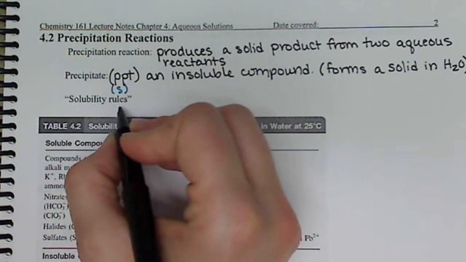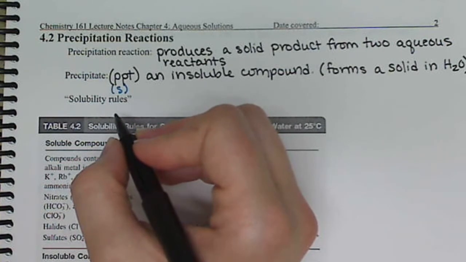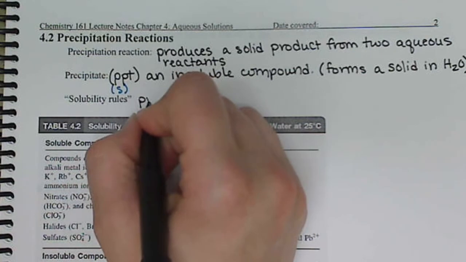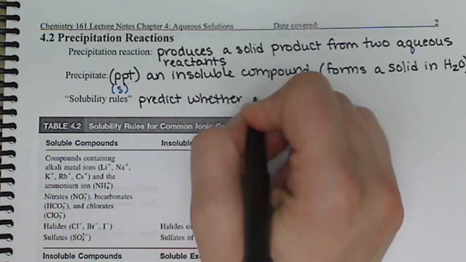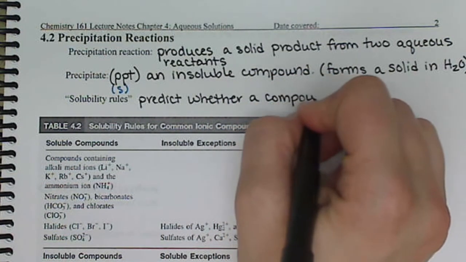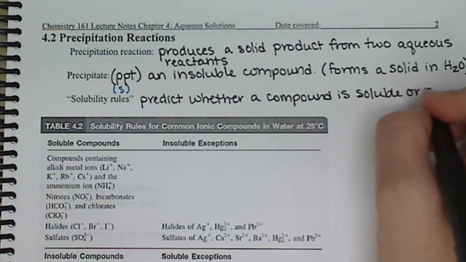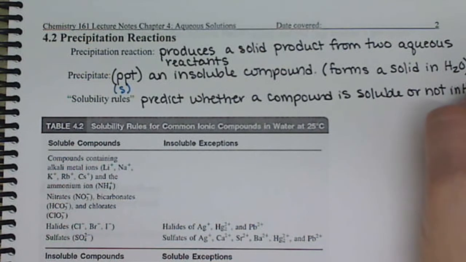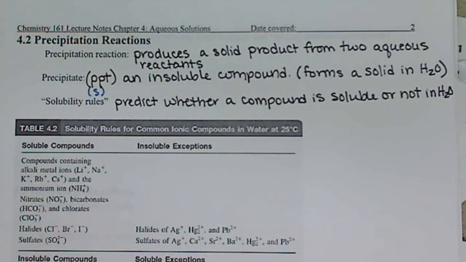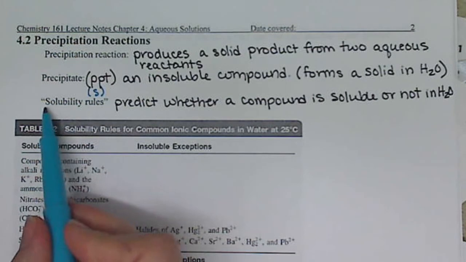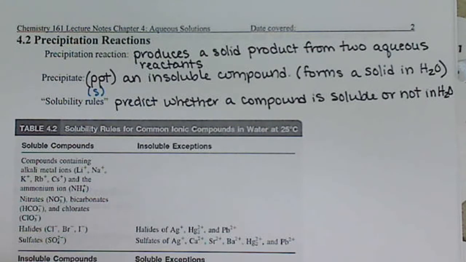Our solubility rules are going to predict whether or not a compound is soluble in water. I have solubility rules in quotations because these aren't true rules.